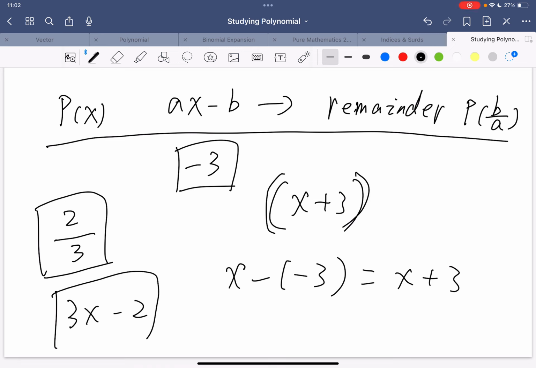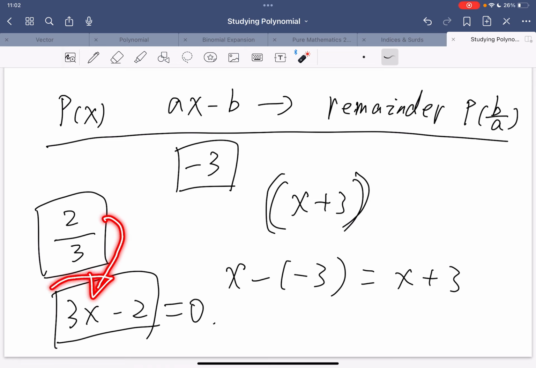We make this expression equal to 0. Then we can get the remainder. Okay, bring the value of x here. The whole expression will become 0. Okay, and then you can use this expression to do long division or whatever you like. For example, trial and error.